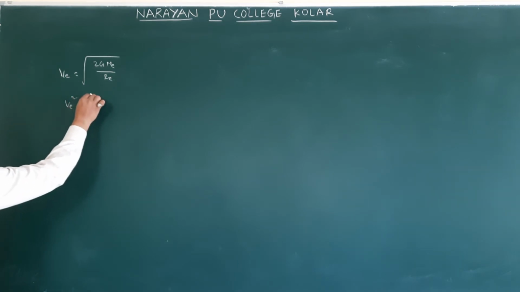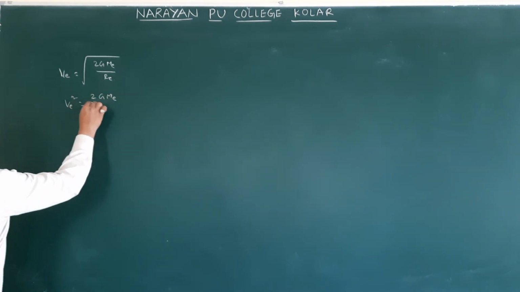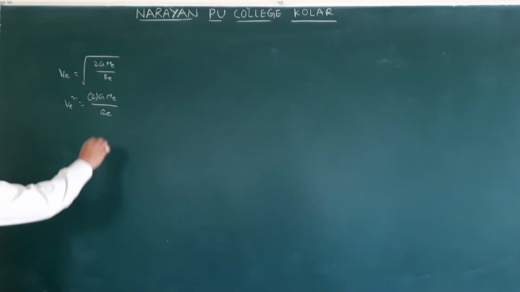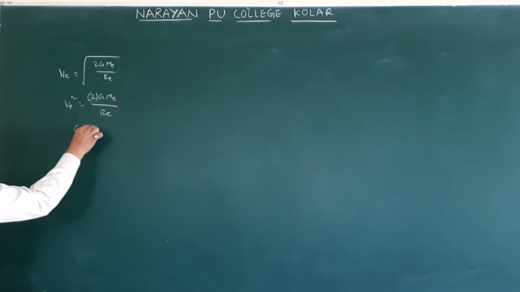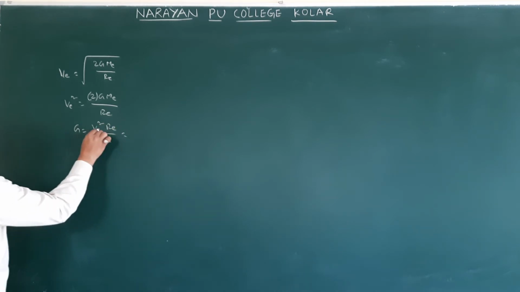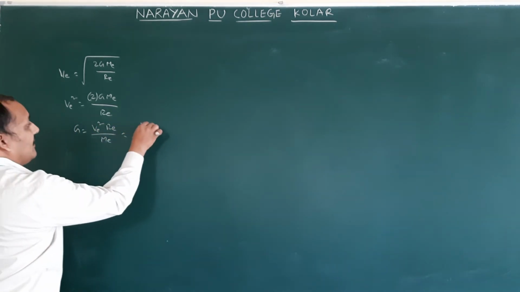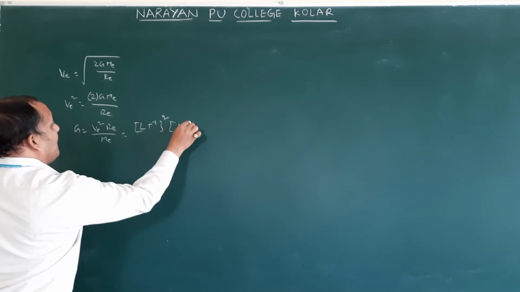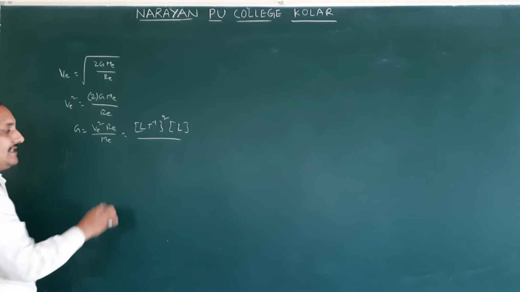V square equal to 2g Me by Re, using squaring on both sides. 2 is constant. For 2 we won't write any dimensional formula. Then what is capital G? V square Re by M. Velocity dimension formula L T to the power minus 1. Radius L, because radius is nothing but distance.